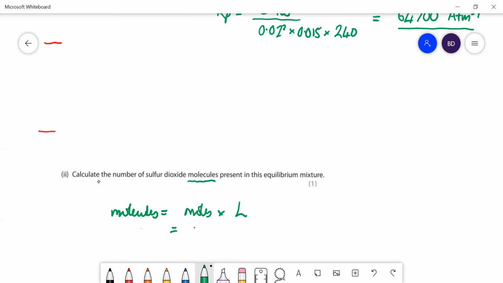We had 0.016 multiplied by 6.23 times 10 to the 23, which is equal to 9.632 times 10 to the 21 molecules.